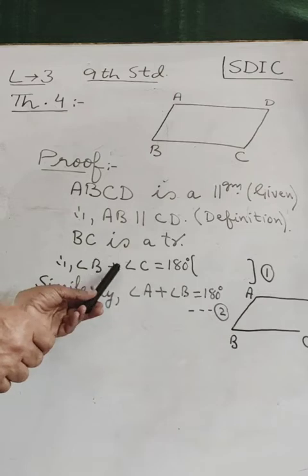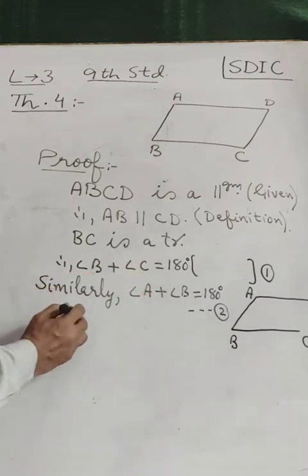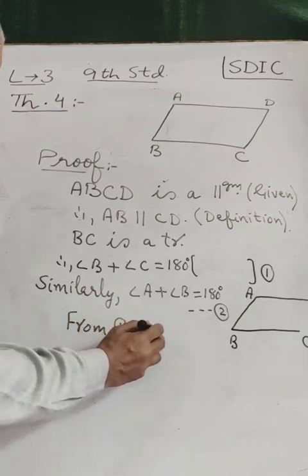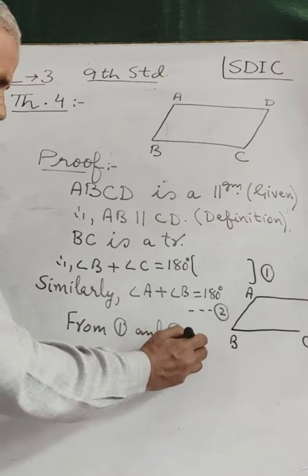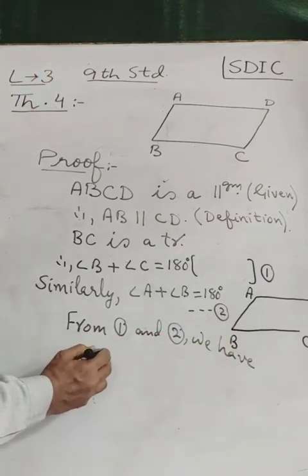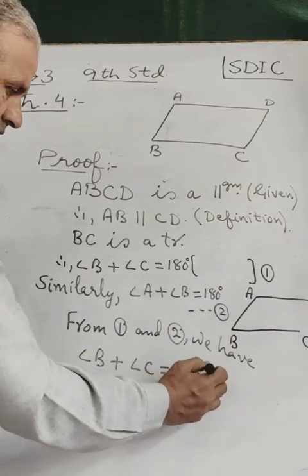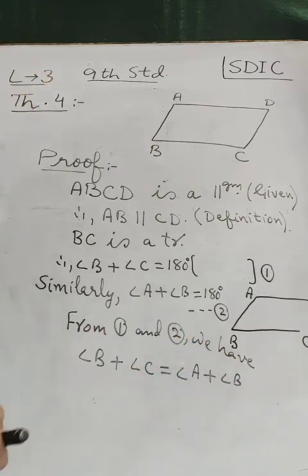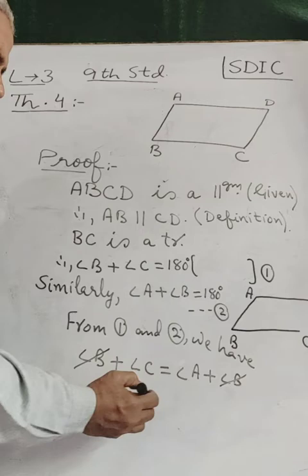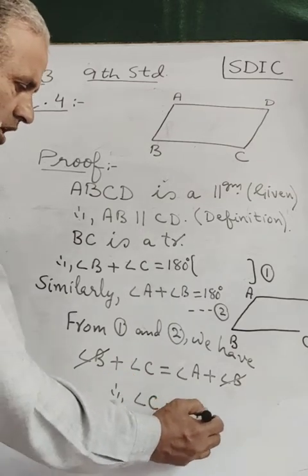We'll get angle B plus angle C equal to angle A plus angle B. So from first and second we have angle B plus angle C is equal to angle A plus angle B. And from both the sides, angle B will get eliminated. The conclusion is angle C is equal to angle A.